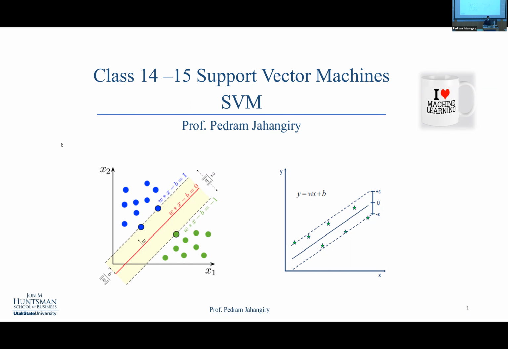So, support vector machines. This is one of the most powerful machine learning models out there. Well, at least before the extensive use of neural networks in deep learning, SVM was the winner. But more recently, with deep learning applications, methods like neural networks have kind of replaced it, but SVM is still super powerful.